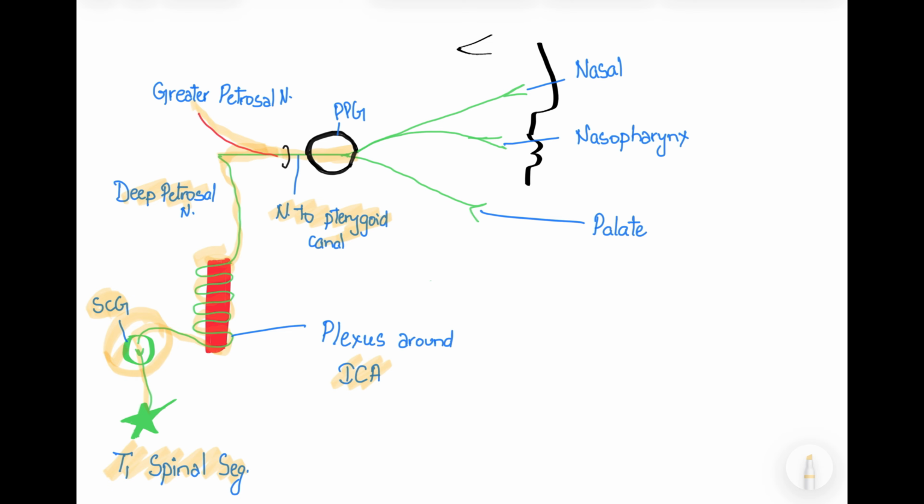So the fibers pass through the pterygopalatine ganglion without interruption, supplying the blood vessels of the nose, nasopharynx and palate. They supply the vasomotor supply to these areas. So this is the sympathetic root.